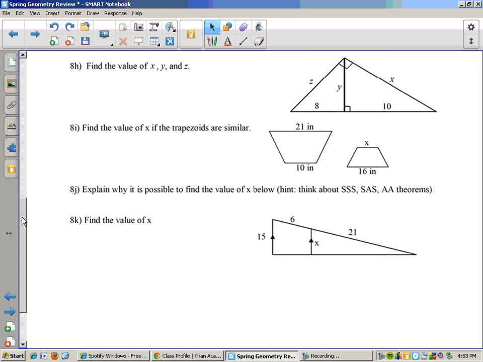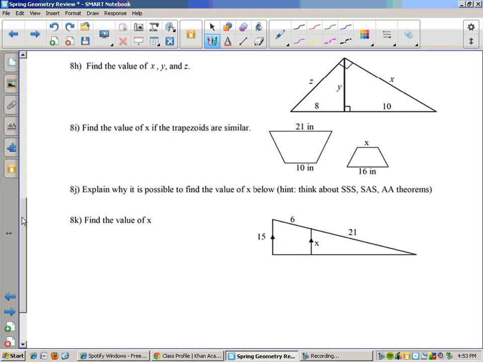Oh, let's extend the page here. Okay, number 8H, find the value of X, Y, and Z. Now, this comes from chapter 9.1, I believe, and the geometric means. And this is one where you're going to have to pretty much just memorize because it can get really tricky trying to keep up with which one's the short, which one's the medium, which one's the long on these.